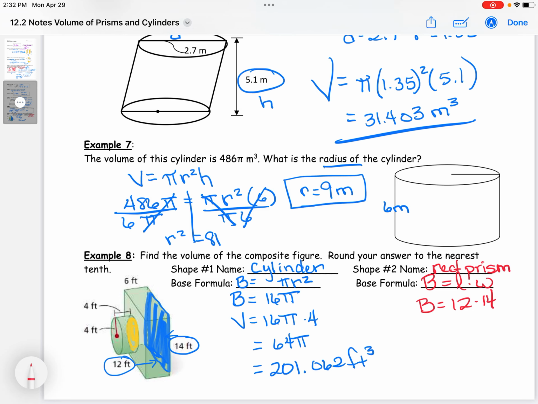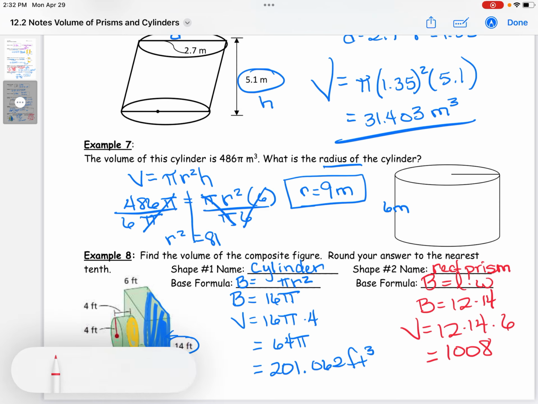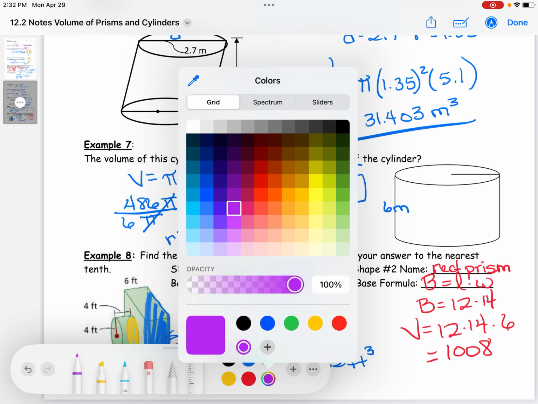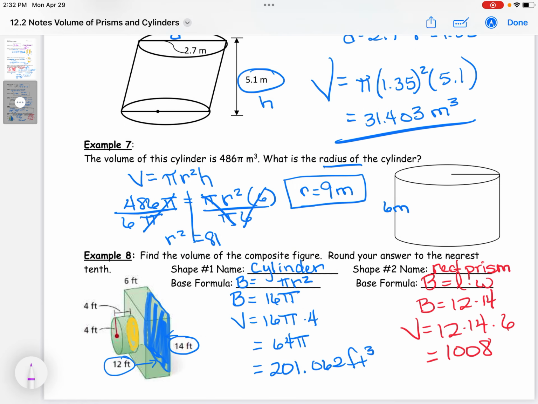And then the height is 6. So volume equals 12 times 14 times 6, which is 1008. I'm going to add to that 201.062, which is 1209.062 cubic feet.